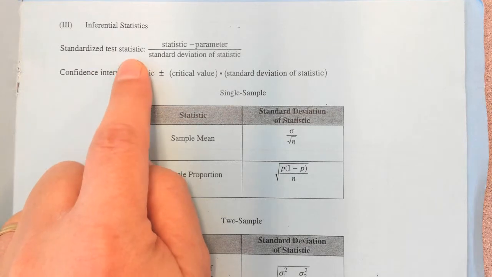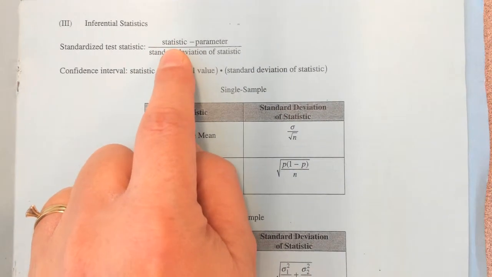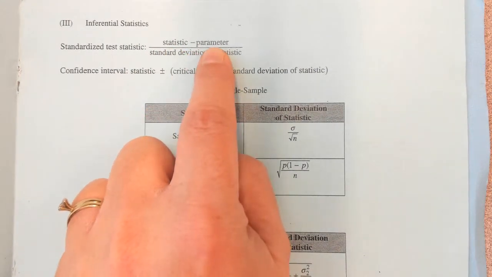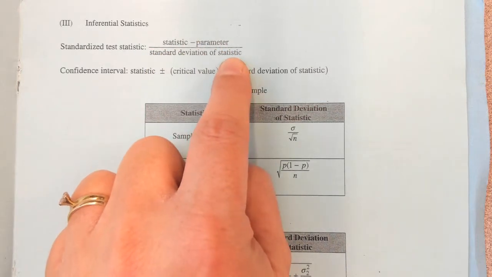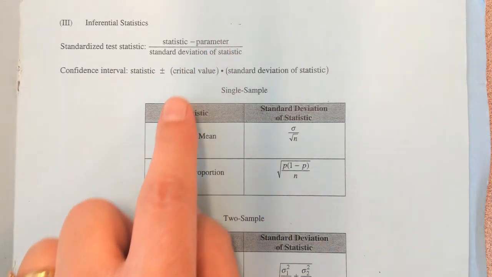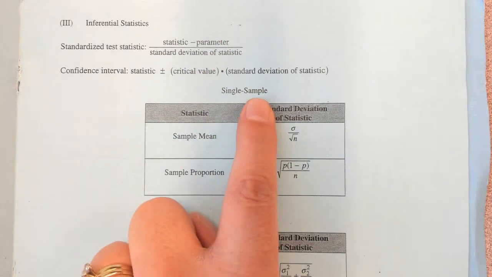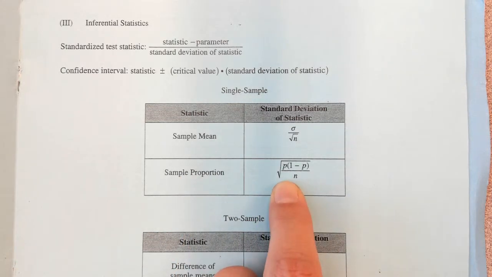So the test statistic is the statistic we're trying to figure out where it is on a normal curve when we run our test. It's the statistic, that's p hat, minus the parameter, that's the mu, that's the mean of the distribution, over standard deviation. And the standard deviation formula is down here under single samples, sample proportions, that's the square root of pq over n.